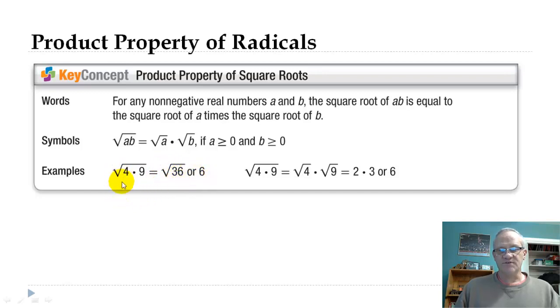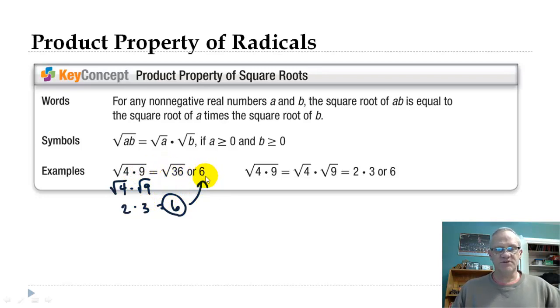But if you did each of these separately as well, say you did the square root of 4 times the square root of 9, what's the square root of 4? 2. Square root of 9 is 3. And so guess what? That also equals 6. So as you can see, we could just take the square root of 36 and get 6. Or if I broke it down into 9 and 4, together those will make 6 as well. Okay? So that's what's happening here.